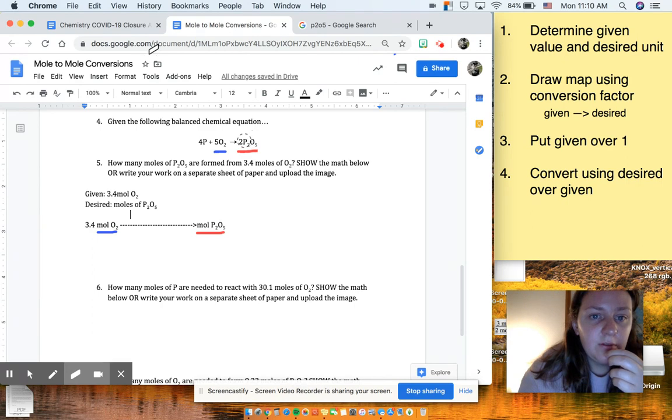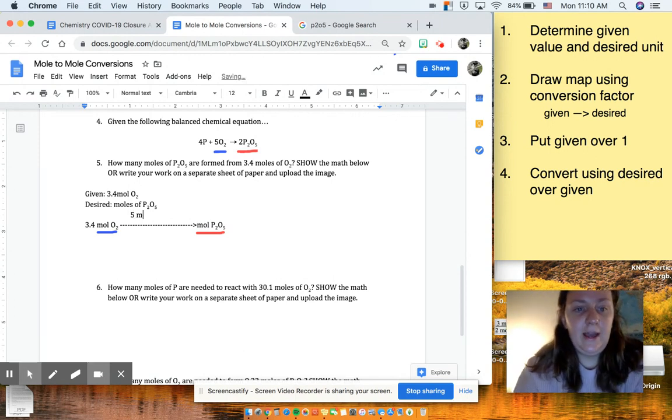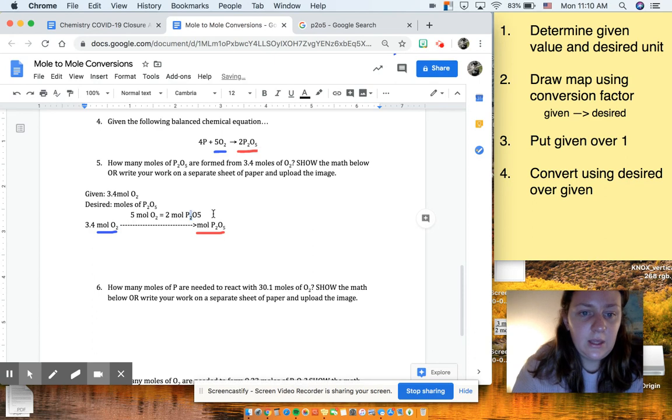So for every 5 mole O2, because we have 5 as our coefficient here, that equals 2 mole of P2O5, because 2 is our coefficient here. Again, I'm just going to fix these little subscripts, and then I will be ready to solve.